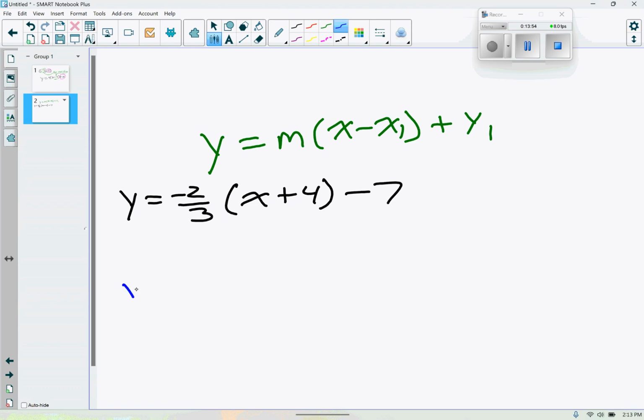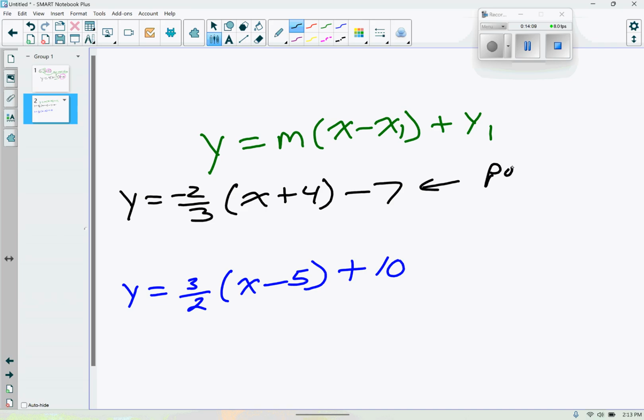And then I have y equals 3 over 2, x minus 5 plus 10. Okay, so what is my point on this one? Negative 4 and negative 7. And my slope? Negative 2 over 3. What's out in front?